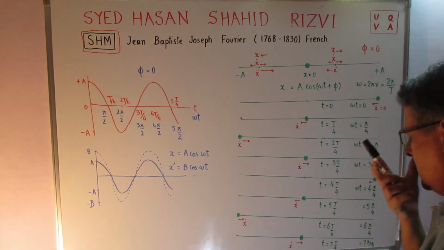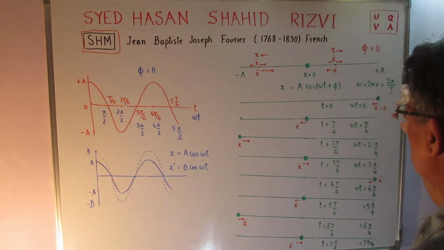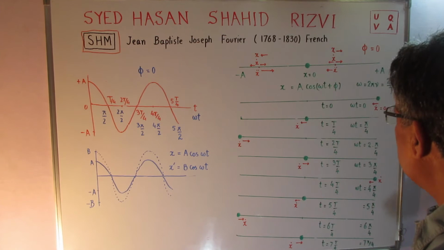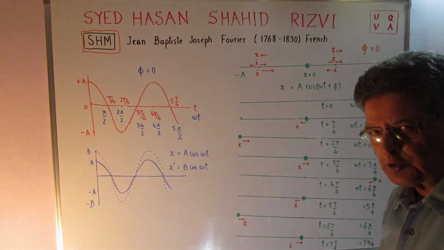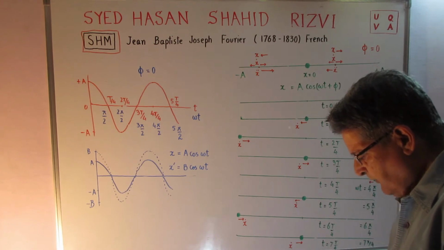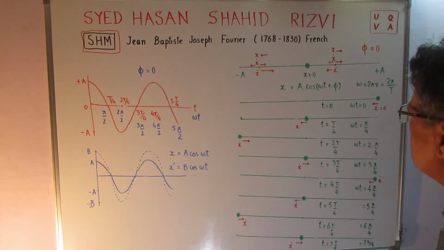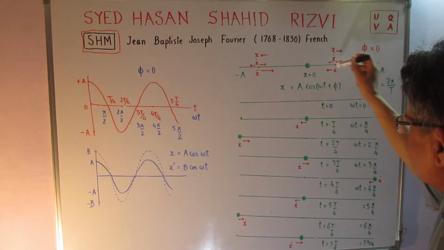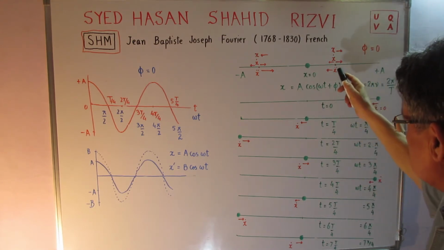Now, suppose the particle is undergoing simple harmonic motion. Let us take this position here, a randomly chosen position. If I choose this random point, then we can say that x is located here. And what is the direction of x?